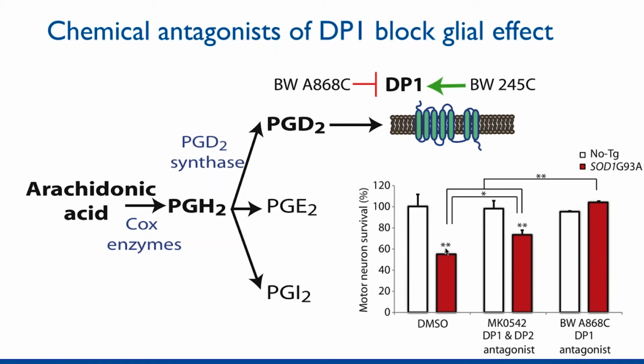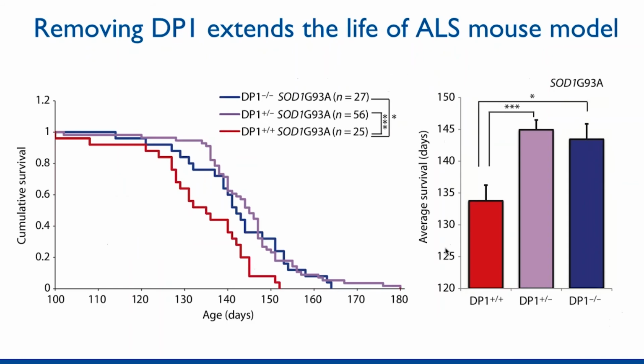And based on this kind of pharmacological result, Sophie actually did kind of a reverse translation experiment going from human back into mouse. And she was able to show that if she knocked out the DP1 receptor in the SOD1 mouse model, that she could meaningfully extend the lifespan of those models. And interestingly, even knocking out just one of the two alleles of the DP1 receptor was sufficient to do this.